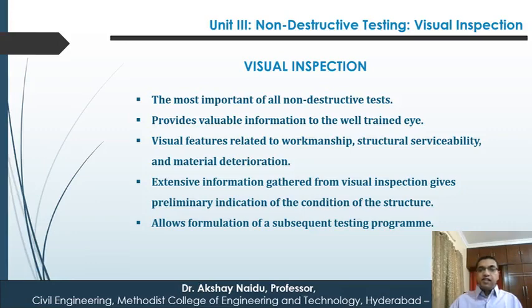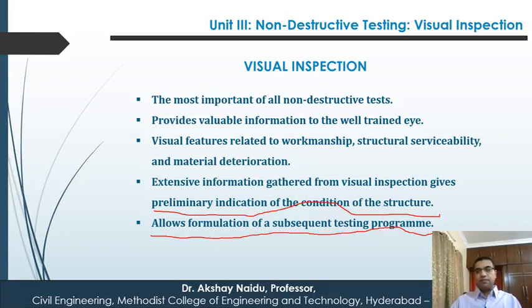Then extensive information gathered from visual inspection gives preliminary indication of the condition of the structure. And very important is it allows formulation of a subsequent testing program. So this is visual inspection.